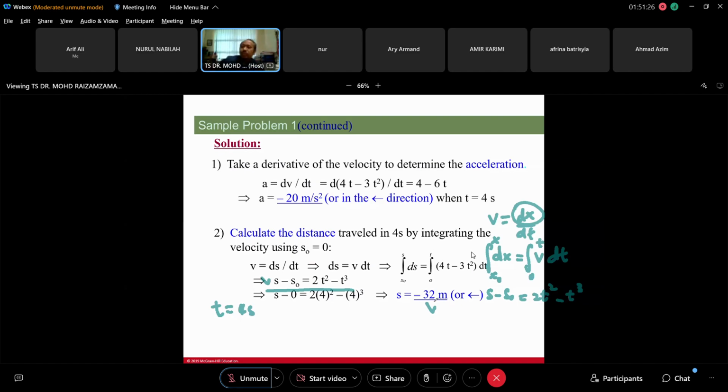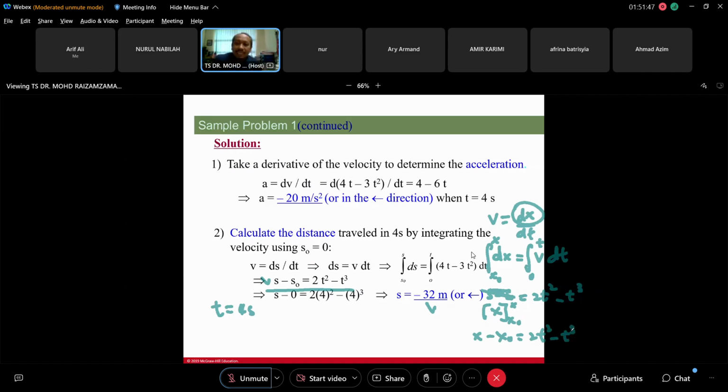Yes, right? So class, any questions up to this? Just to make sure that you understand: x from x naught to x is equal to this, which means that x minus x naught is equal to 2t squared minus t cubed.